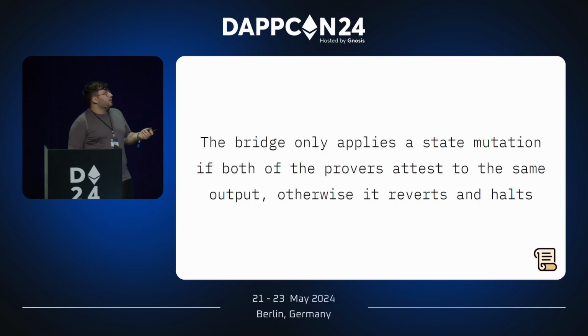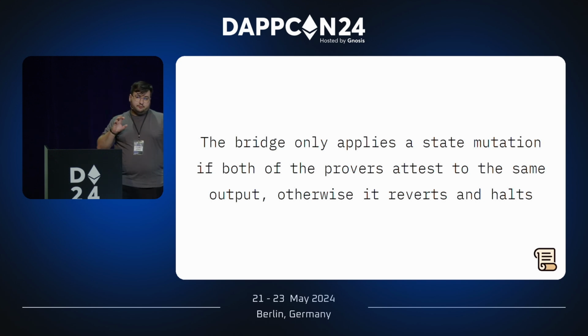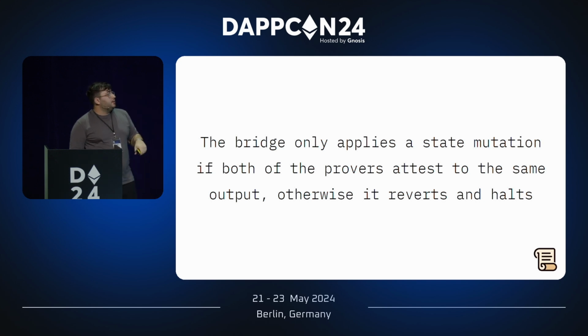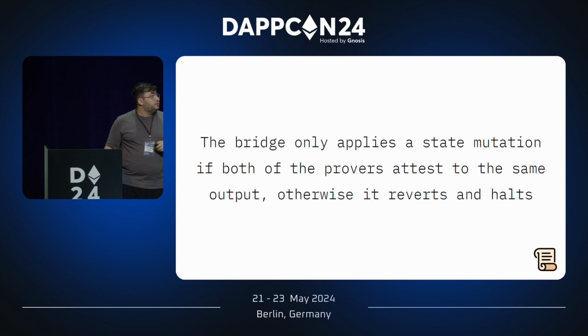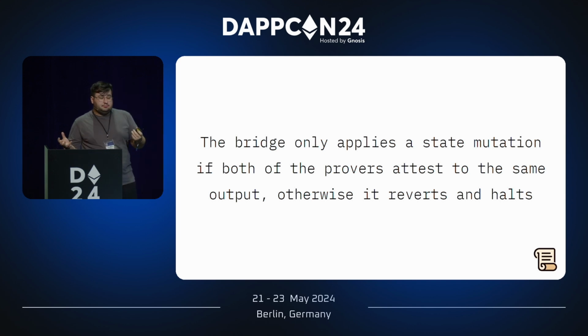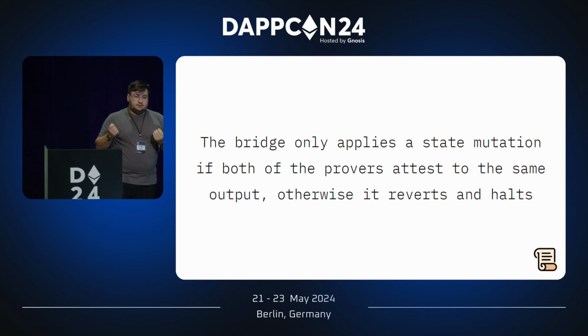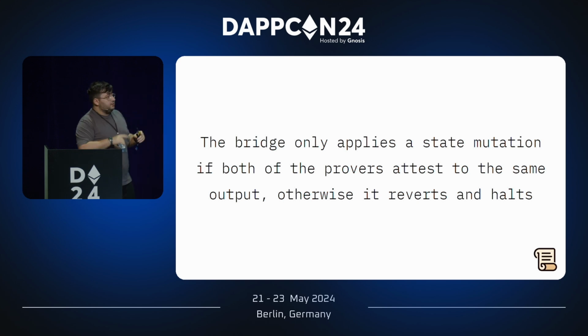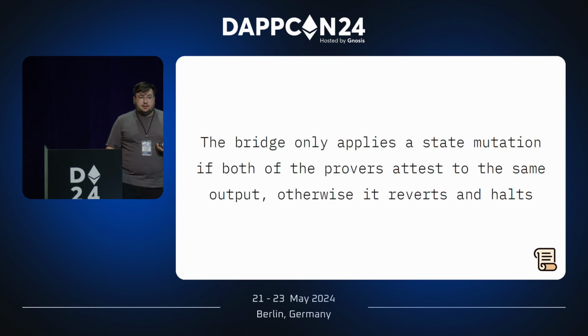How it will work is you have those two provers working in parallel, and they submit the attestations and also the output state roots. The bridge compares those output state roots, and if they don't match, it just halts and doesn't apply the state transition that corresponds to that state root. What this allows you to do is protect against correctness bugs in case there's a vulnerability inside one of the proofs.